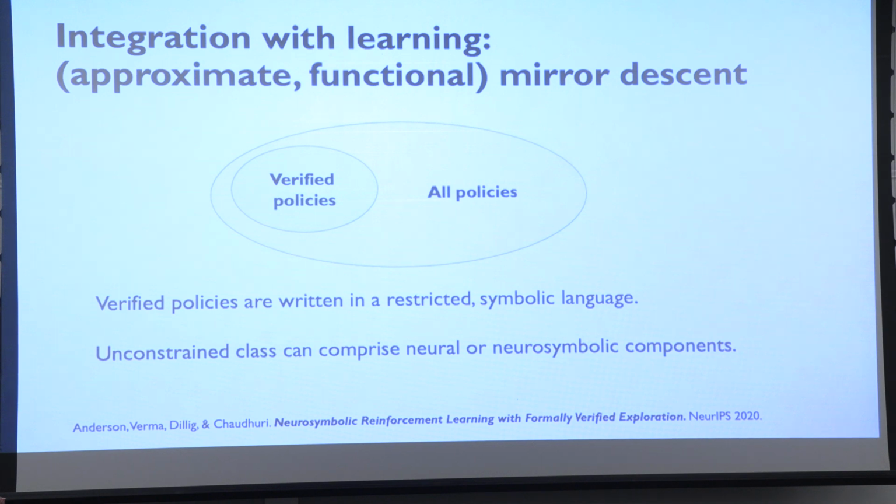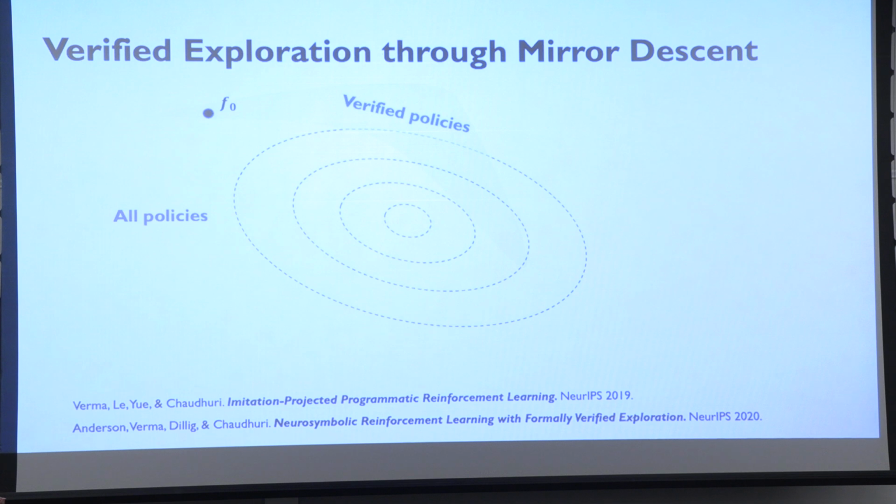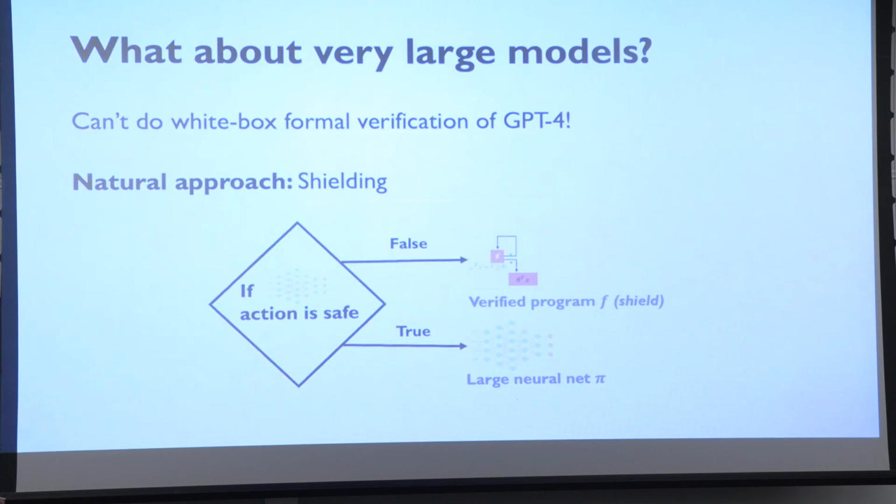That's the set of verified policies that are going to be less efficient for you because these are probably going to be simpler programs for which you can actually do verification. But the bigger class is basically all possible neural or neurosymbolic functions. And so it turns out that this problem of learning a function that looks like this, where you have this kind of an if-then-else, where you are going to fall back on a verified program if your neural component, large neural net, is not behaving well.